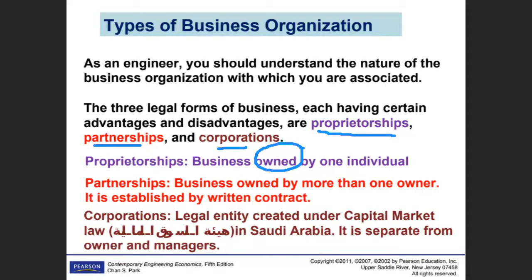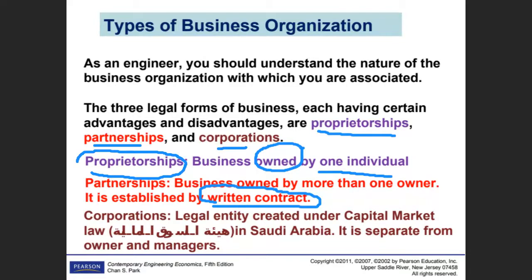Under proprietorship, a business is owned by one individual. If a business is registered by more than one person, they are partners, and the ownership is established by written contract. Partnership can be among family members, friends, or whoever it is.